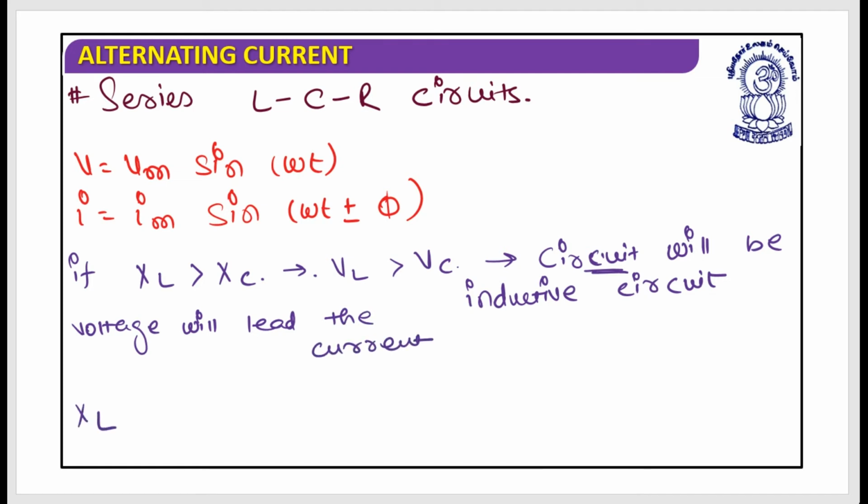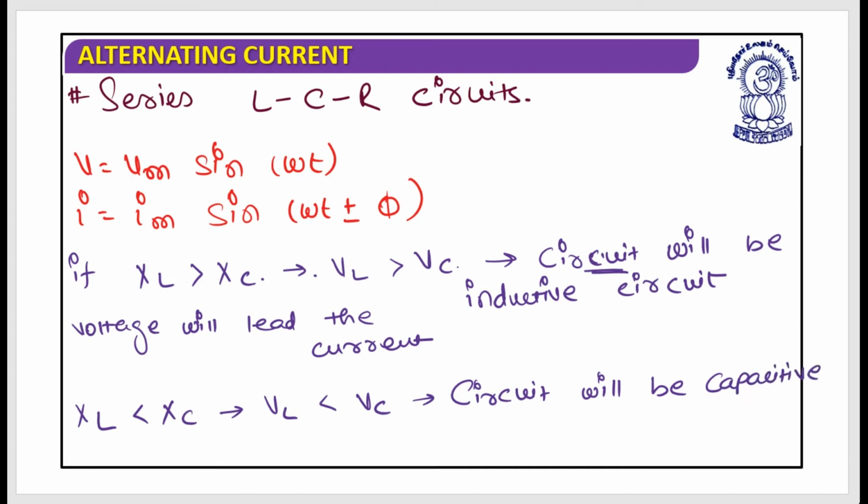If XL is less than XC, so VL is less than VC, in this situation the circuit will be capacitive. So in this case current will lead the voltage.